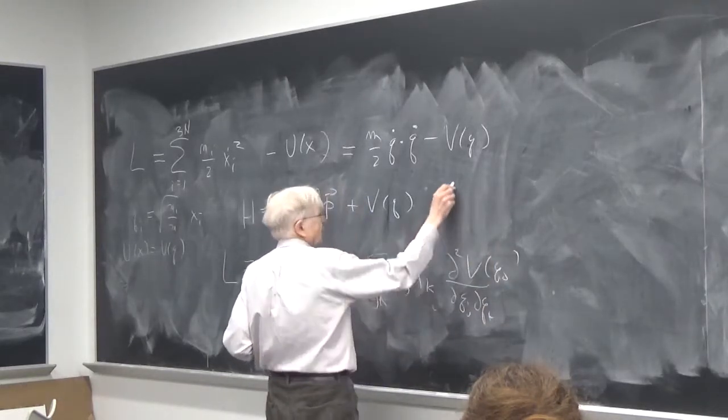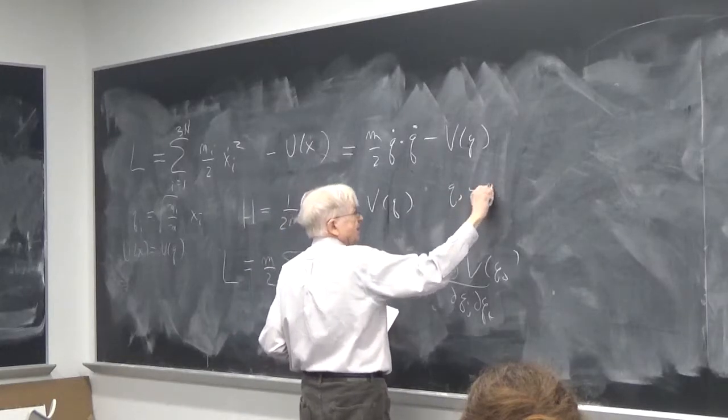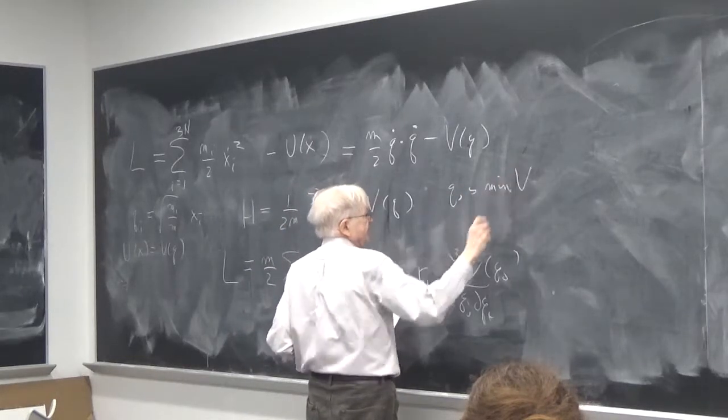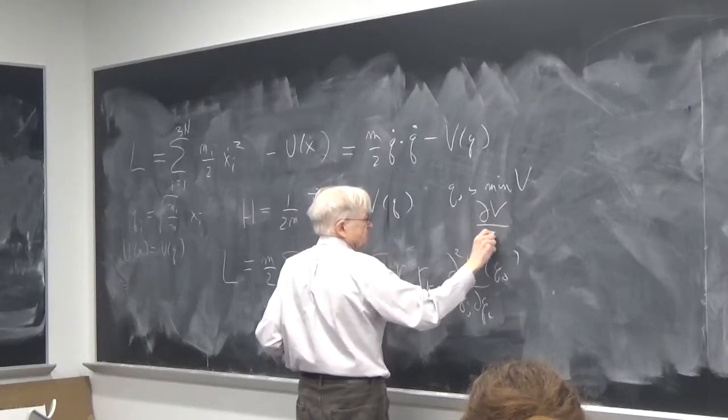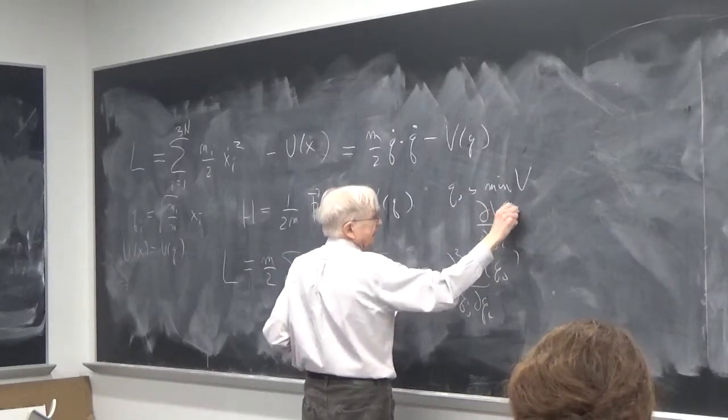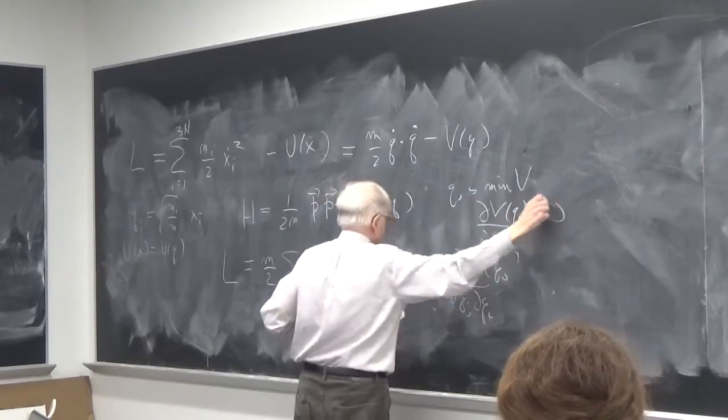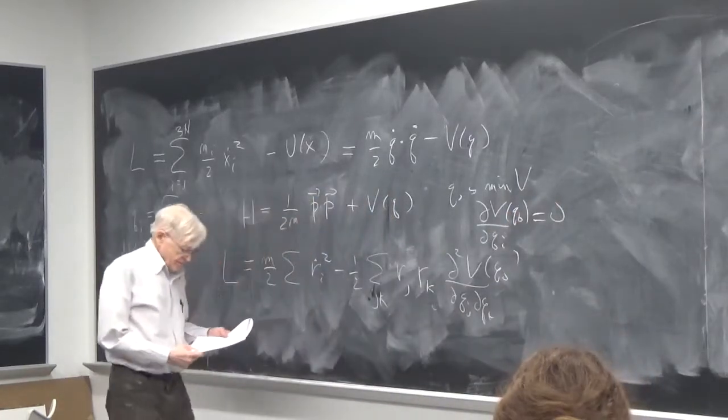So q_0 is the minimum of V, and so partial V partial q_i at q_0 is just 0.